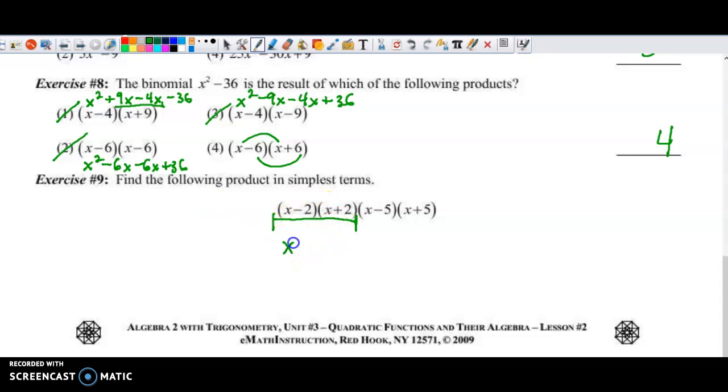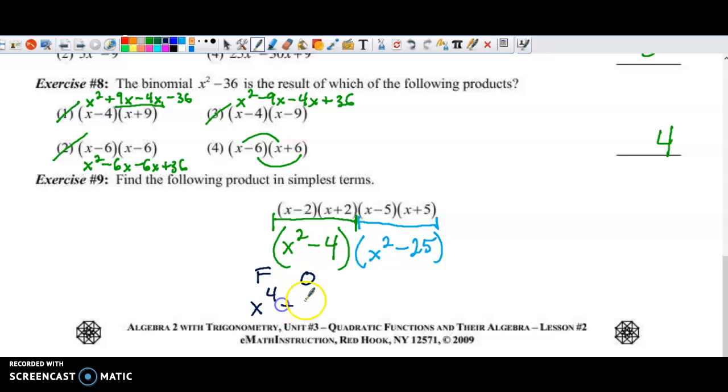So that conjugate would end up being x squared minus 4. Leave it in parentheses, because as I do the next pair of conjugates, you will get x squared minus 25. But now what you need to do is FOIL here. So x squared times x squared is x to the 4th. The outside would be negative 25x squared.